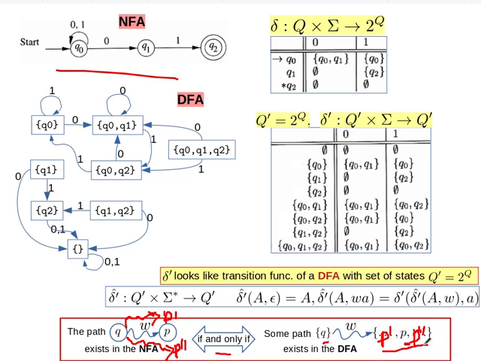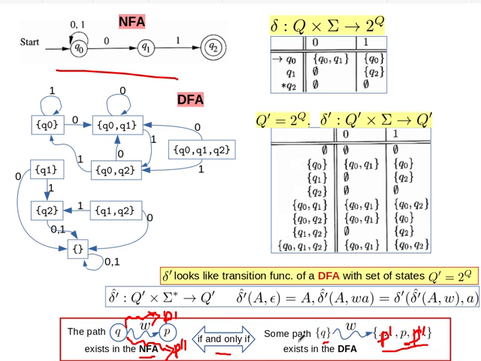But the point is, if you have any path from, say, q to p on input string w in the NFA, so here I have this NFA, this happens if and only if you have a path.